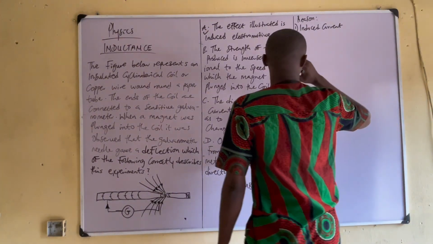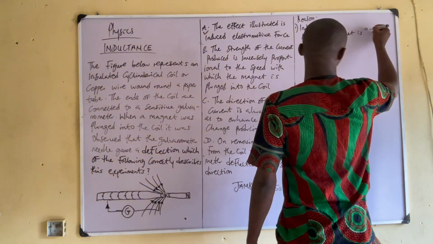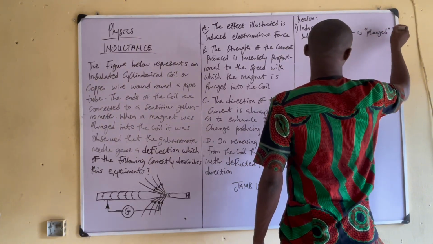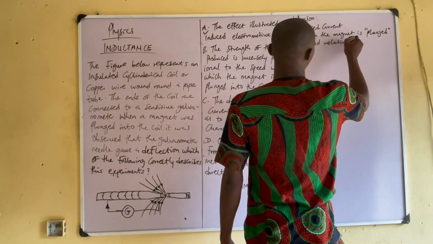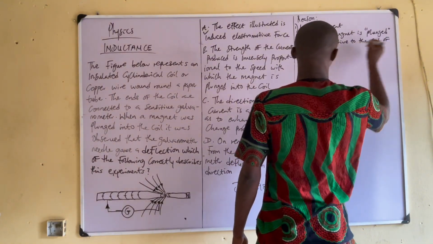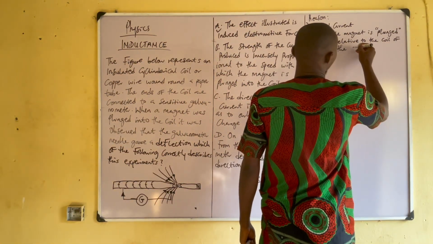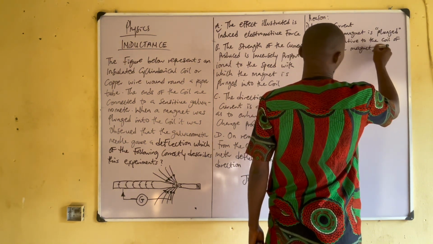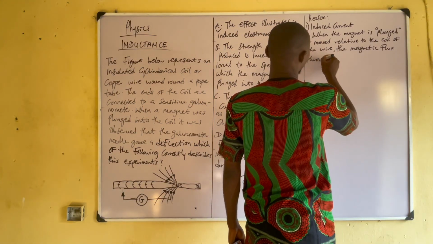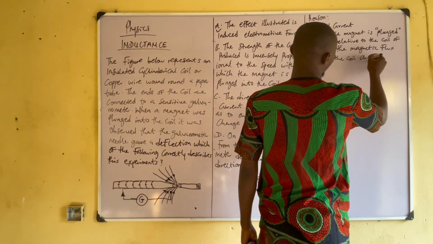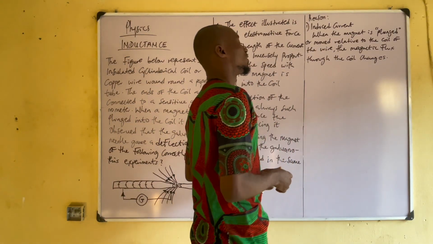Here you say when the magnet is plunged or moved relative to the coil, the magnetic flux through the coil changes.